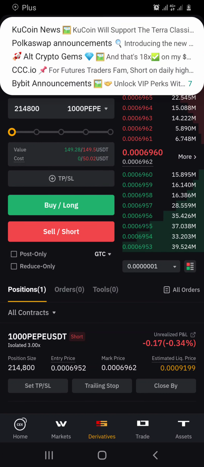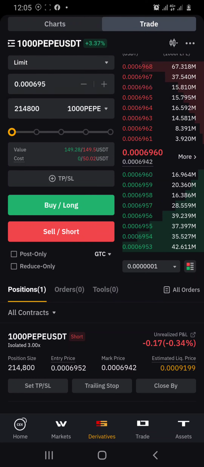The next thing is to set my stop loss. Don't ever forget to set your stop loss. It is very, very important. Your stop loss will help you. I always set my stop loss at 30% loss.